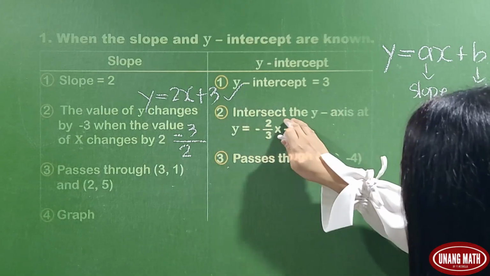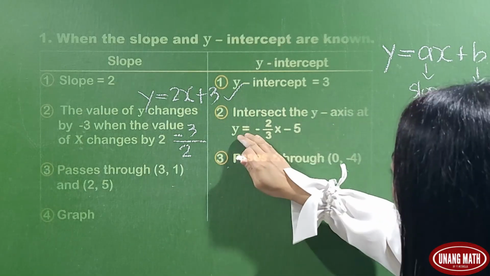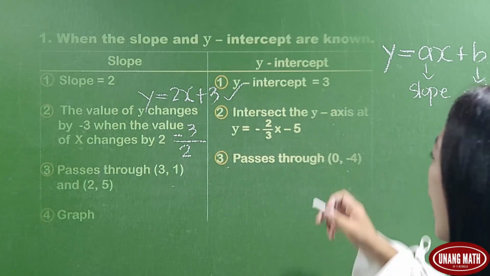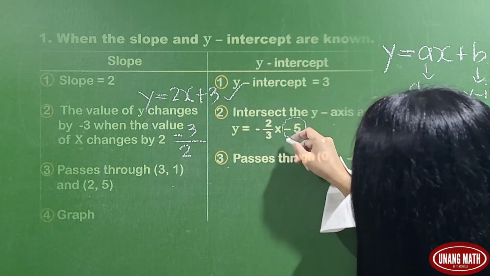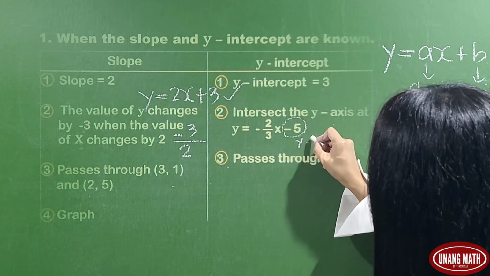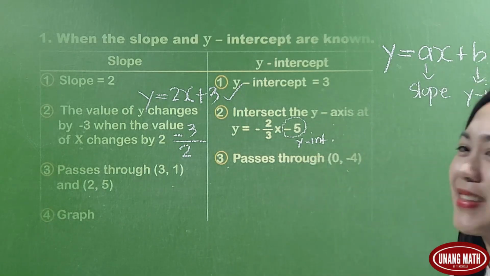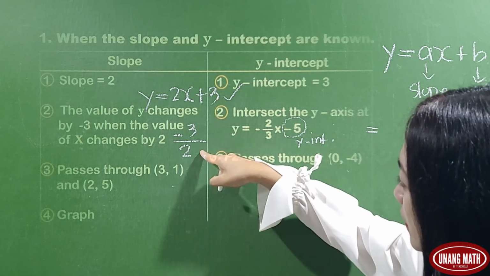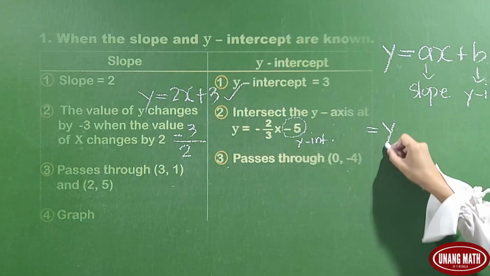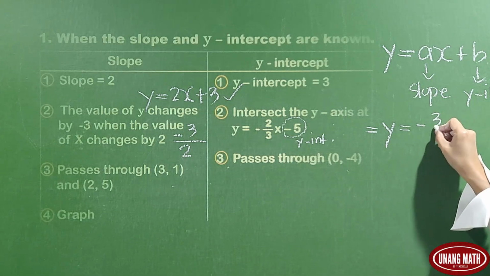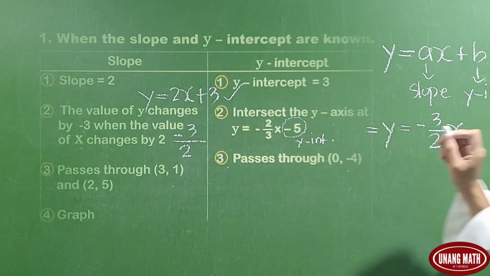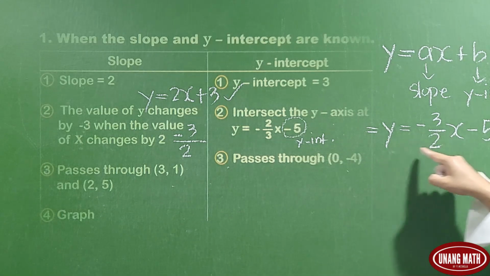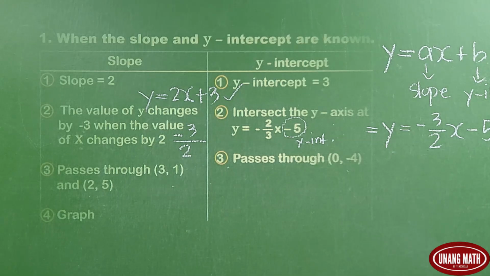It intersects the y-axis at y is equal to negative 2 over 3x minus 5. So, negative 5 here, this is our y-intercept. So, what will be our equation? The slope is negative 3 over 2, so it's y is equal to negative 3 over 2x. The y-intercept is negative 5, so minus 5. So this is now the equation.